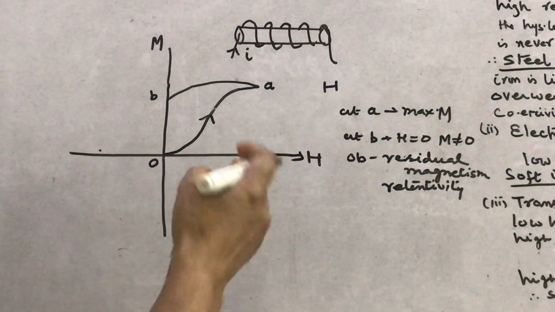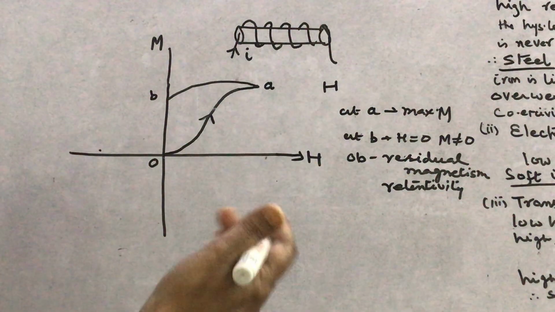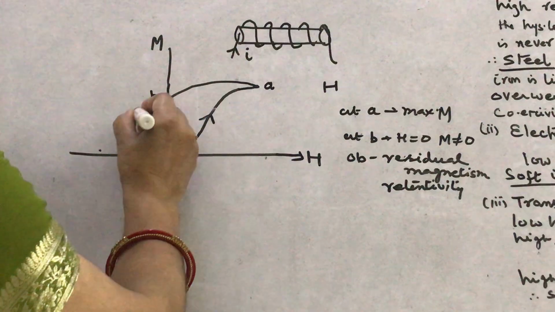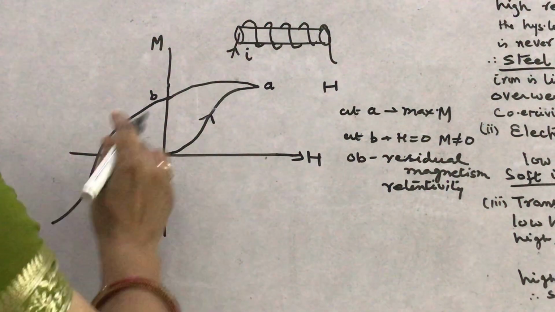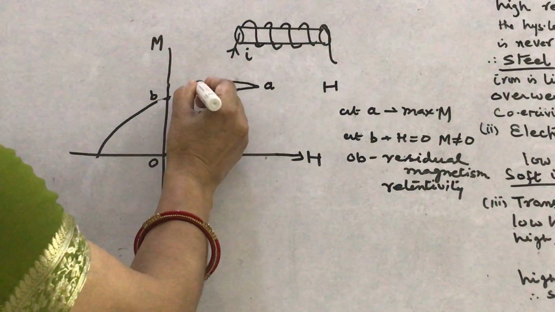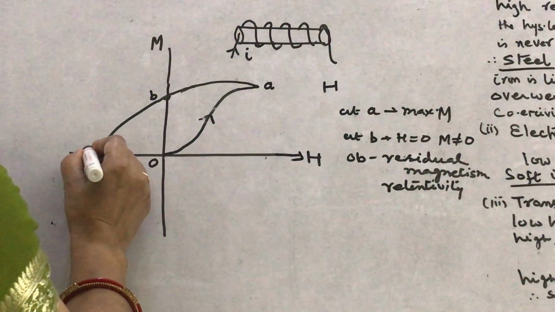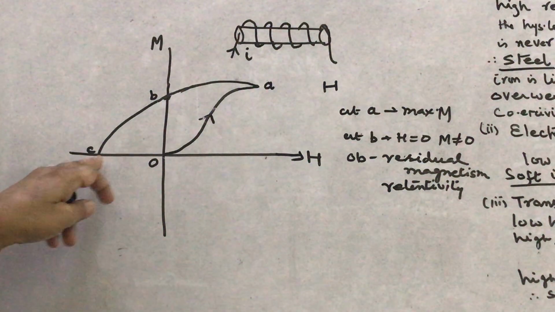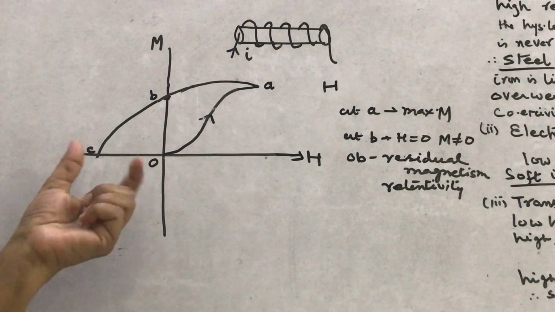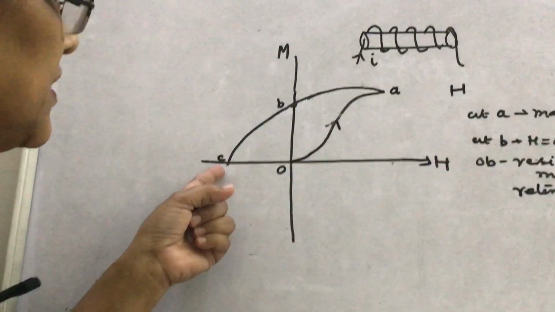So how will you apply? By making the direction of current in the coil reverse. What is observed then? That at a certain point, suppose its name is C, that at OC equal to this minus H, at this reverse magnetizing intensity, the magnetization becomes 0.